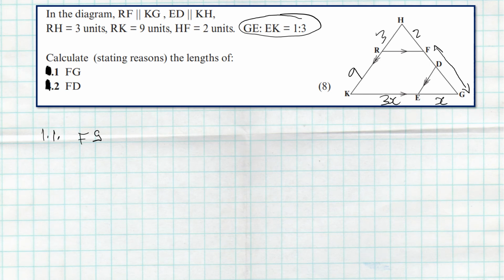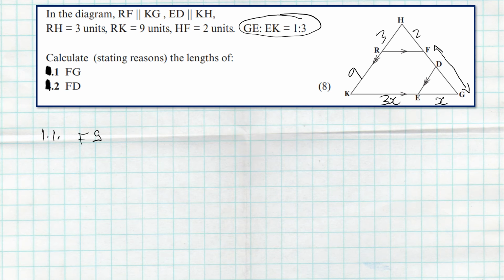So if you are given a triangle and you see lines parallel to one side of a triangle like that, you must think of the proportionality theorem, because it states that if a line is drawn parallel to one side of a triangle, then that line will divide the other two sides in the same proportion, right? So that's why you have to think of the proportionality theorem when you see lines drawn parallel to one side of a triangle.